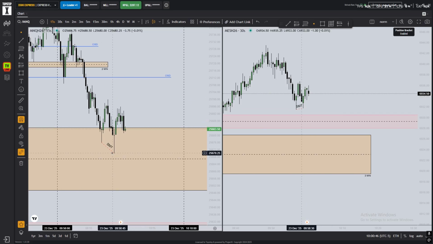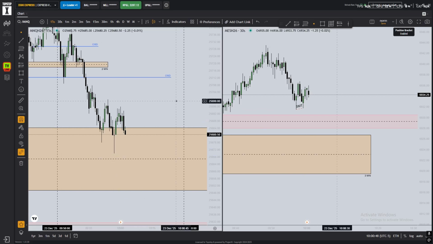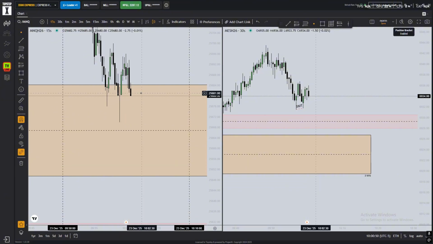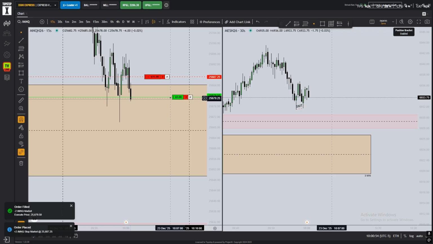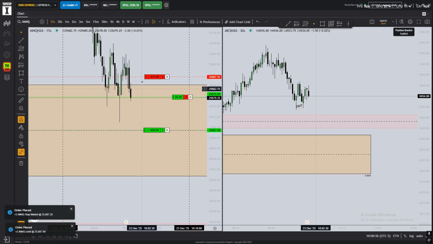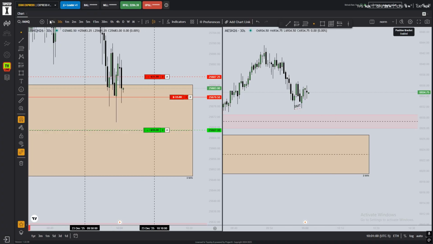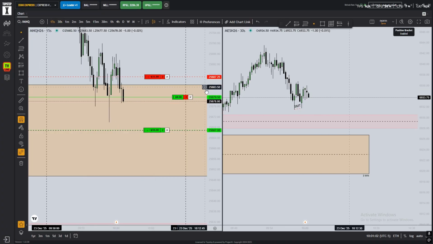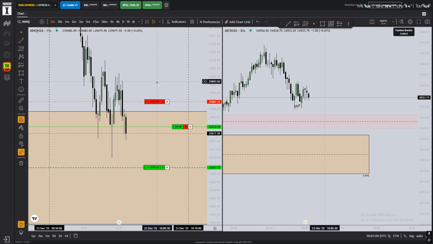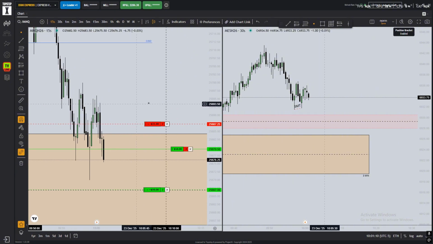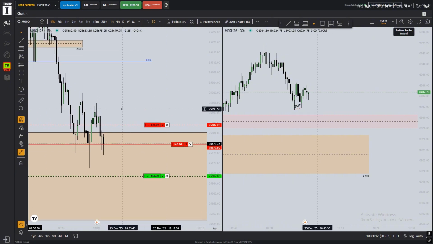So now, if we change here, order sell through, filled. We'll still target that same exact spot, with the SMT against us though.